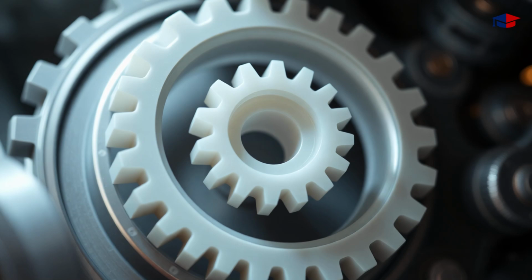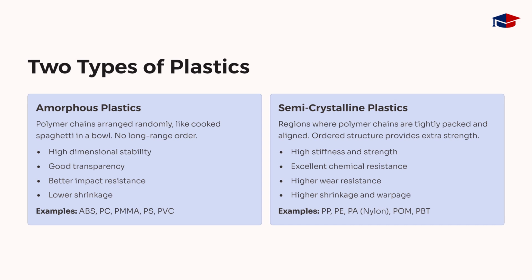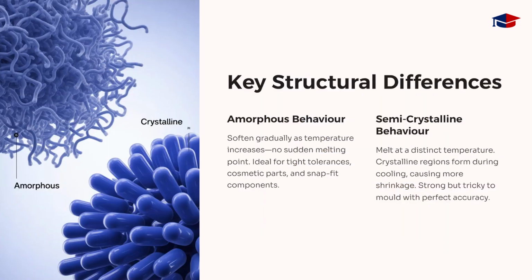However, it also makes them more challenging to mold accurately because they shrink more as they cool. Materials like polypropylene, polyethylene, nylon, POM, and PBT fall into this category. These plastics have a distinct melting point and tend to warp more if wall thickness is not uniform. Here's a summary of how amorphous behavior is different from semi-crystalline behavior in plastics.